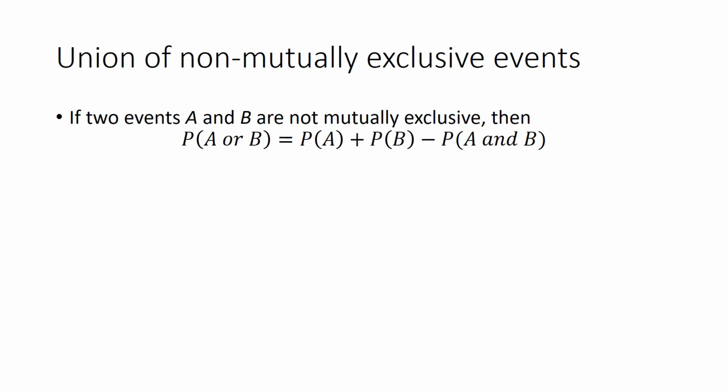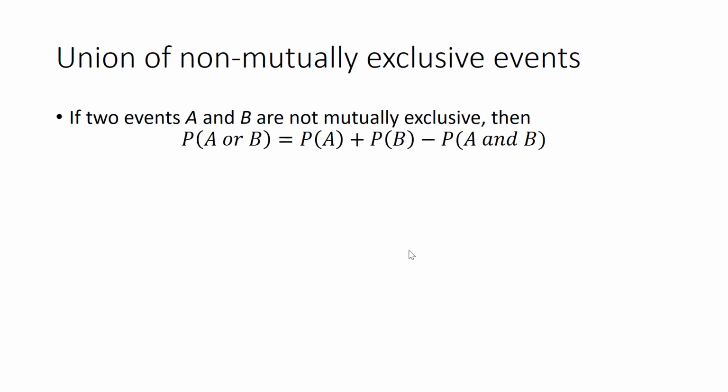And basically we have that formula whenever we have two events, A and B, that are not mutually exclusive, meaning that their joint probability is not 0, and we find that the probability of A or B equals the probability of A plus the probability of B minus the probability of A and B.